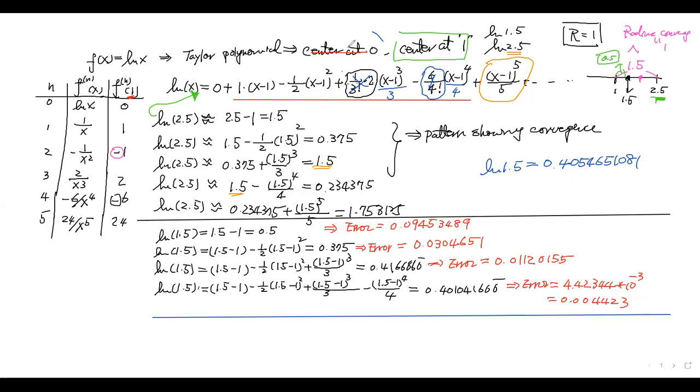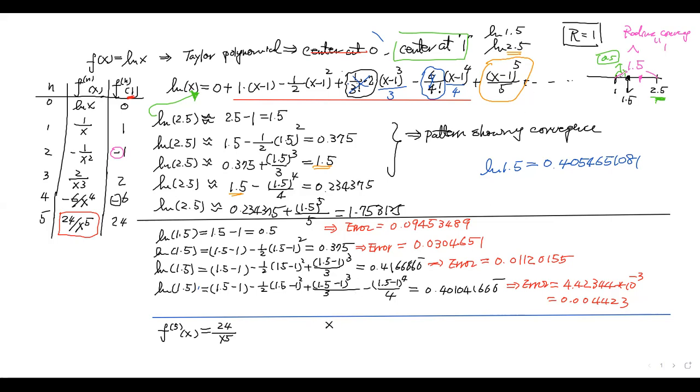So let's take a look at my fifth derivative of x. Here is my fifth derivative, right? So it's 24 over x to the fifth power.